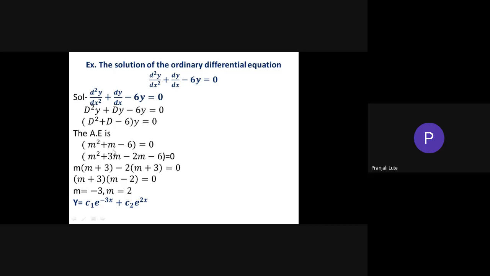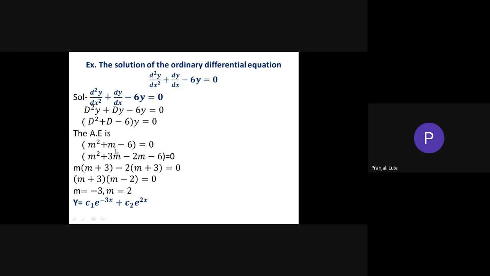You have already studied in 8th-9th standard how to find the roots of that equation. But again I repeat the same thing. m square plus m minus 6: here the coefficients are 1 and minus 6. We have to consider two numbers whose addition is 1 and whose multiplication is minus 6.